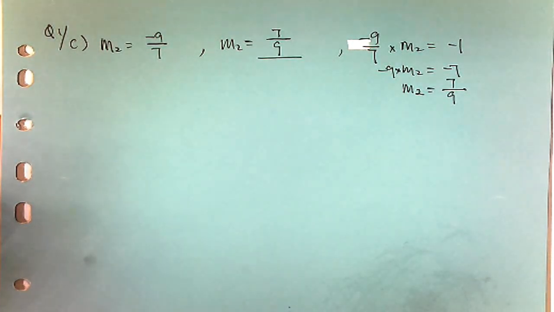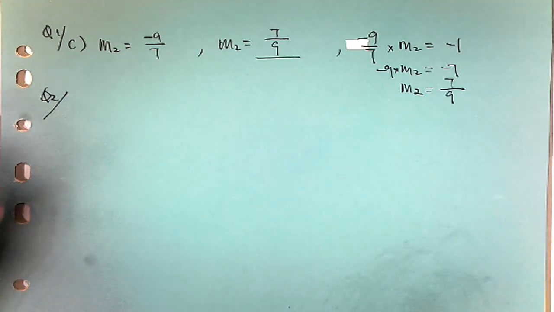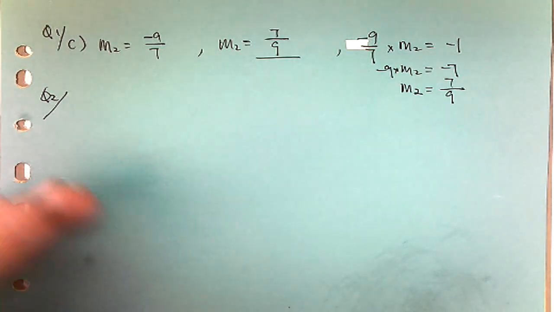Let's move on to question 2 to question 5. I'll do 2 of them for you. For question 2, it is given that in the figure, look at the figure, two straight lines are parallel. They're parallel, meaning that what?